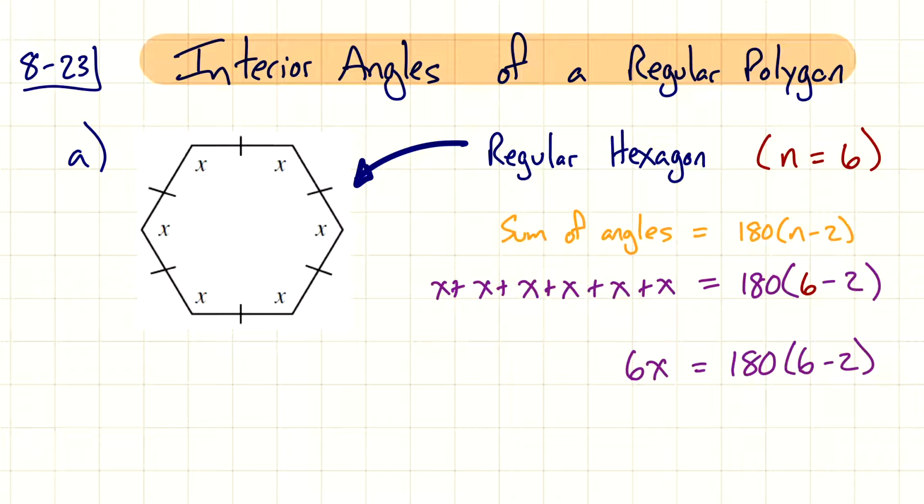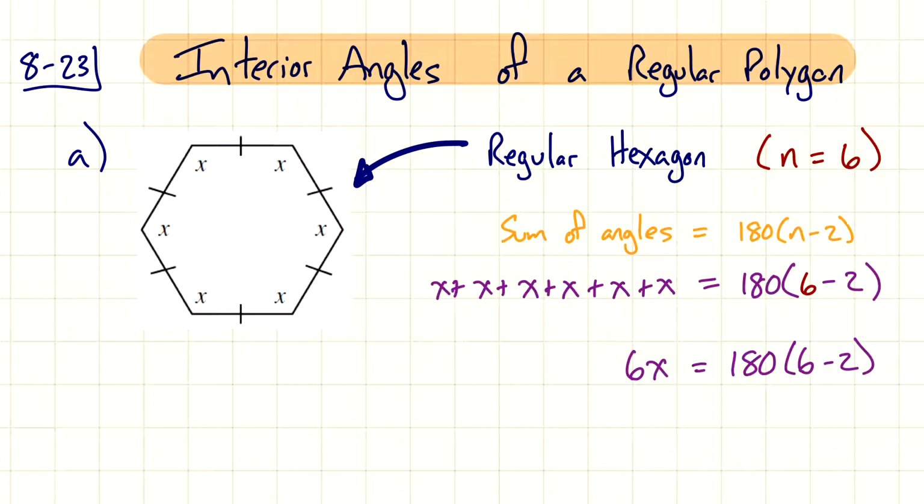First, the name or the picture tells us some information, and that is that the number of sides is equal to 6. We also know that the sum of the angles is going to be 180 times n minus 2. We just learned a formula for this.